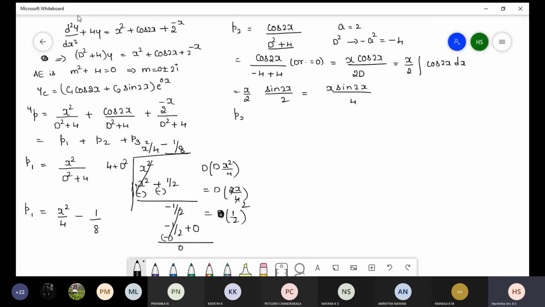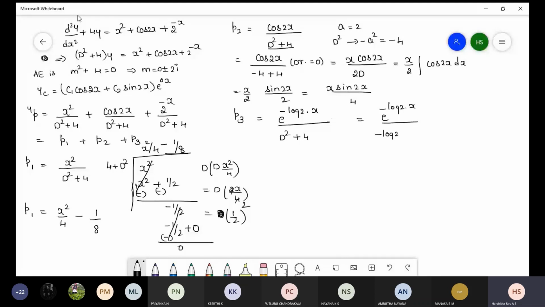Next P3. Here we have to write e power minus log 2 into x. For 2 power minus x, we can write e power minus log 2 into x divided by d square plus 4. Here our a value is minus log 2, whole square plus 4.